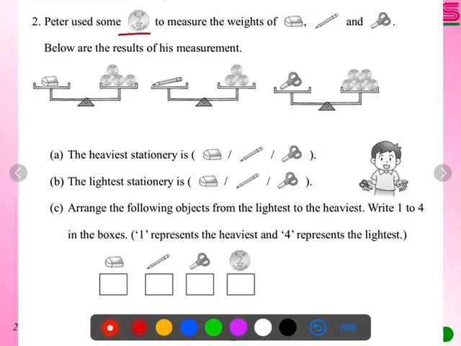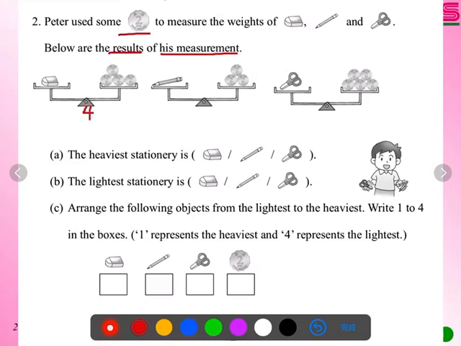Next, question 2. Question 2. Peter, this time he used $2 coins to measure the weights of eraser, pencil, and scissors. Below is the result of his measurement. This is also a balance.